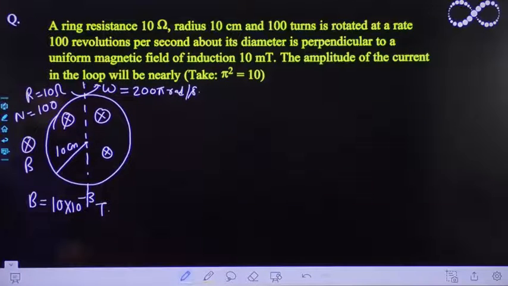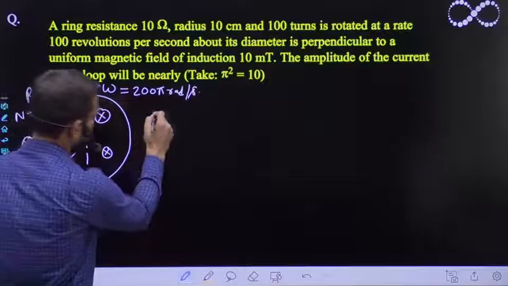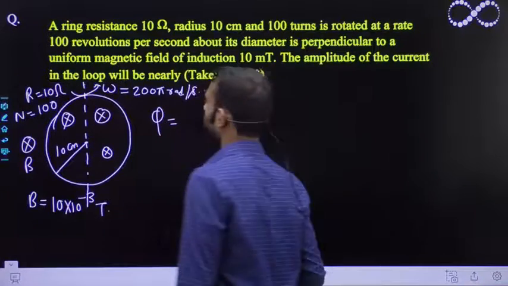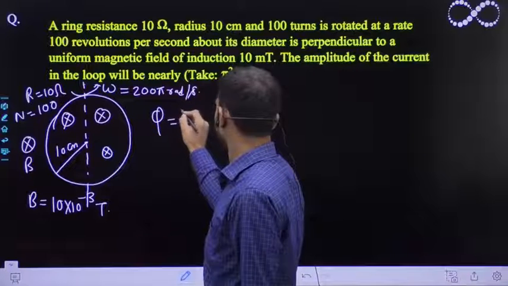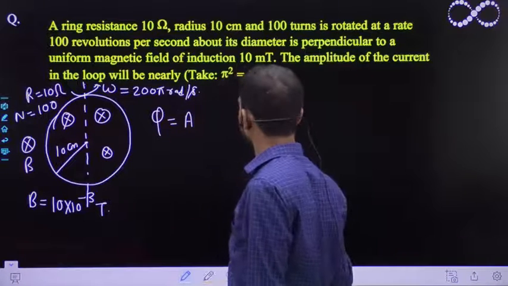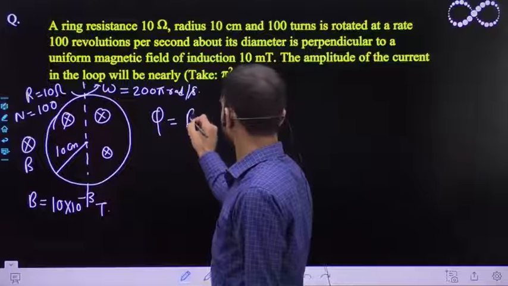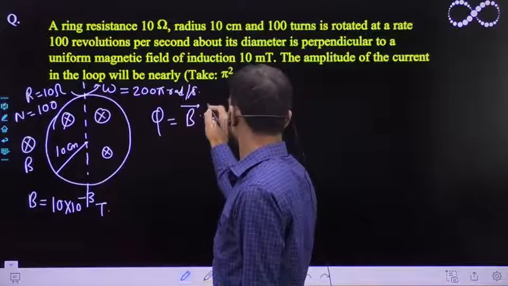So the amplitude of current in the loop will be nearly, right? All you need to find is the current here. So I will try to find the flux, then I will differentiate, and then I will get the current. So let us find the flux first. The flux is equal to B vector dot product A vector.